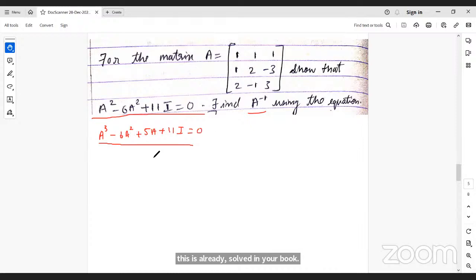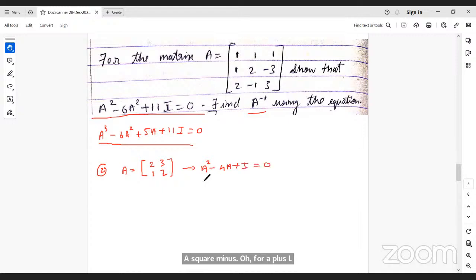Now take down the second question. This question has occurred in the model paper. So simple. Take it down for homework. A is equal to 2, 3, 1, 2. A 2 cross 2 matrix is given, and they are saying it satisfies A square minus 4A plus I equal to 0.